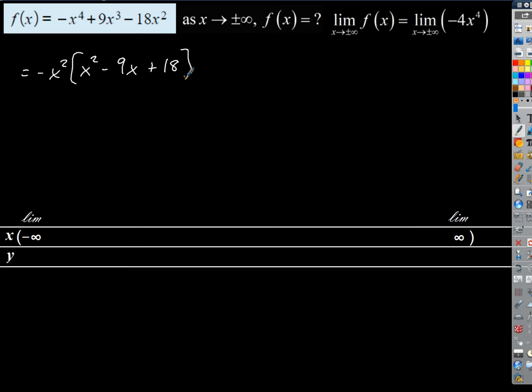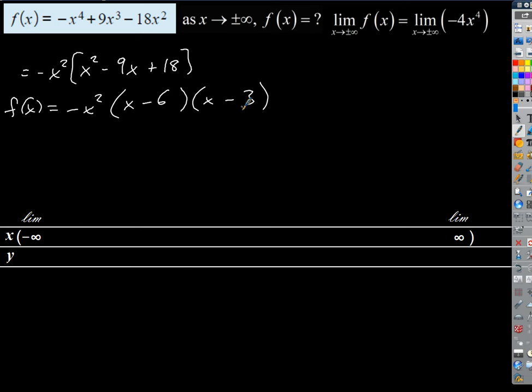What else? Magic numbers. Okay, good. So we can reduce that then to what? Okay. So then, what are my real zeros? 6 and 3. 6 and 3 and 0.